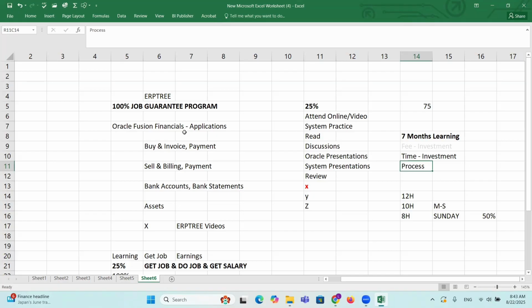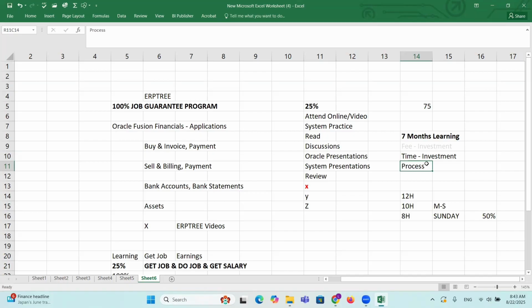Whenever we are in the project, what is available in the application, that will facilitate the client. That's it. That is the primary task. Along with that, what else do we have to do? Everything we are going to learn from this 100% job guarantee program.